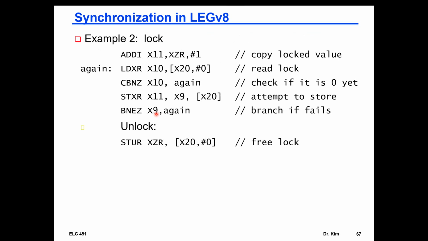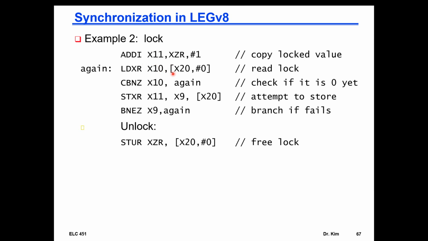So here's an example of copying a value. Basically we're setting register X11 to 1, and then we're going to read a lock.